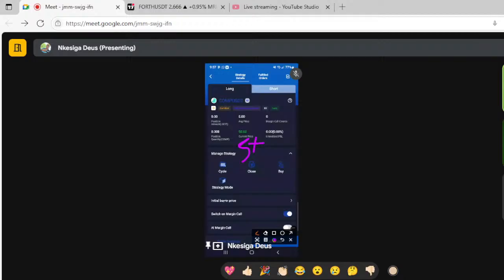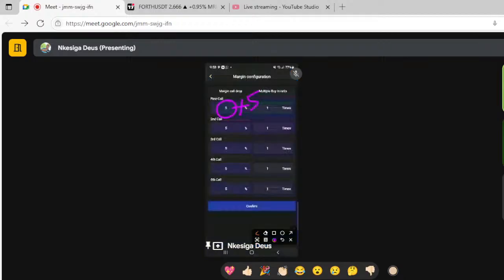Automatically, yes. It will also consider that. So you have to look at this drop. That's why I told you, if you put 4, in actual sense it will be 4 times your leverage. That's when you want to buy. If you put 2, it means 2 times the leverage.